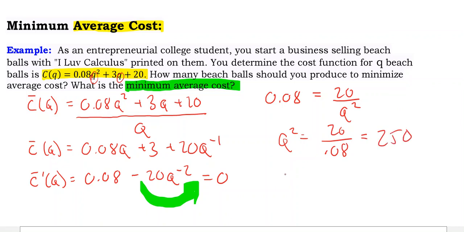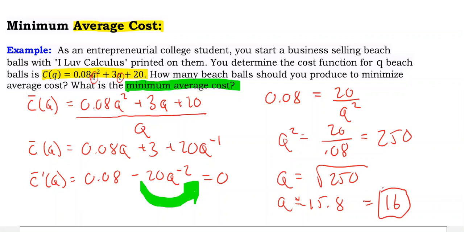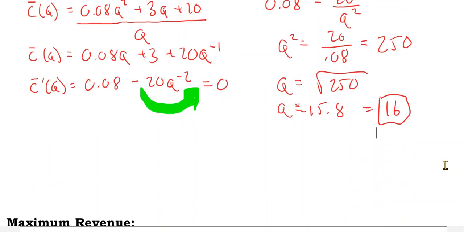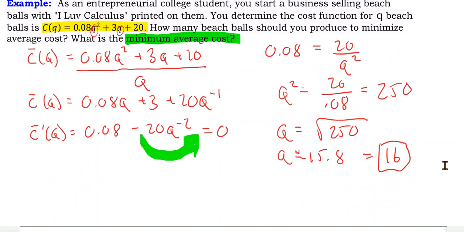That's Q squared, so Q is equal to the square root of that, which is approximately 15.8, and we cannot have a fraction of a beach ball. So we will round that up to the nearest integer, which would be 16. So selling 16 beach balls should give us some optimum solution, preferably the minimum average cost.